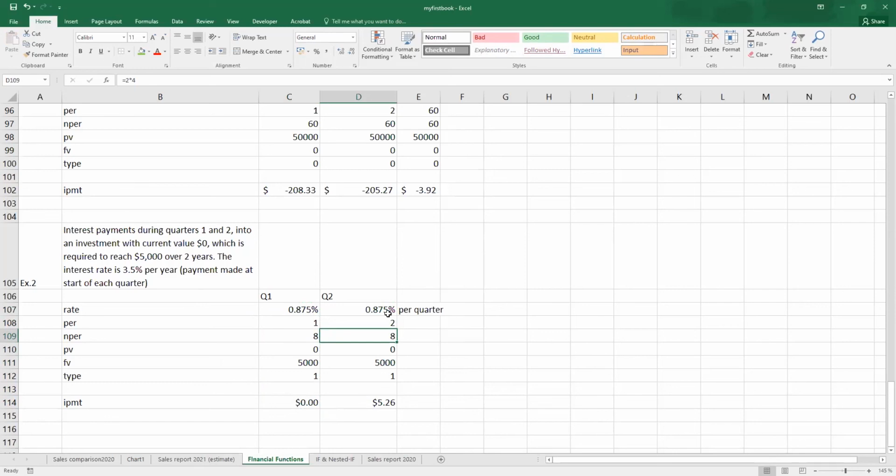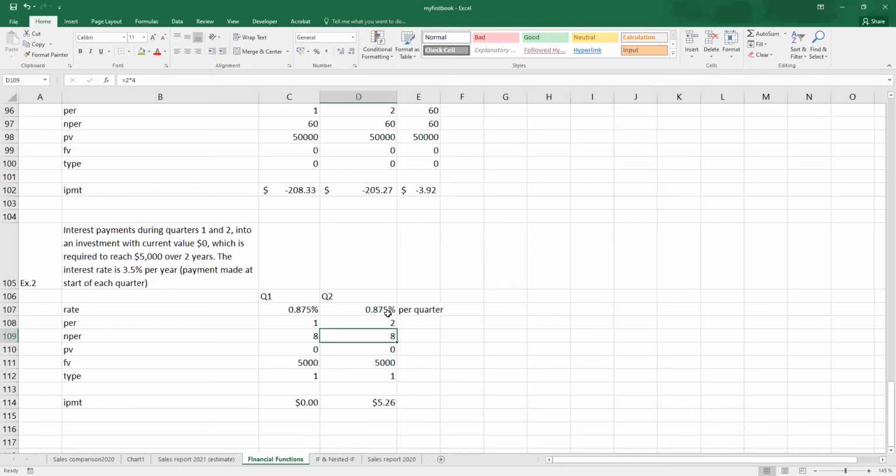And if you ask me, hey, how come the interest for quarter one is $0? Yeah, because it is your saving and you just invest $5,000 only, and for the whole contractual period it's quite short, just 2 years, and you pay 8 times only. So that's why the interest amount that you will receive in the first quarter is quite low.